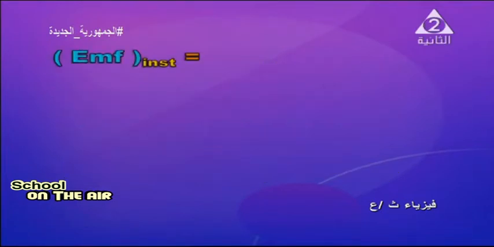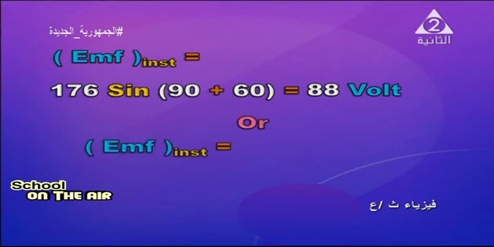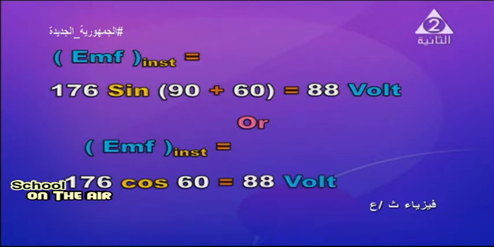The last position was the horizontal position, so I can use sine, but instead of 60, I'll add 90. 90 plus 60 is 150. And we can use the formula: instantaneous EMF is equal to 176, the maximum, times cosine 60, and it will give the same result.